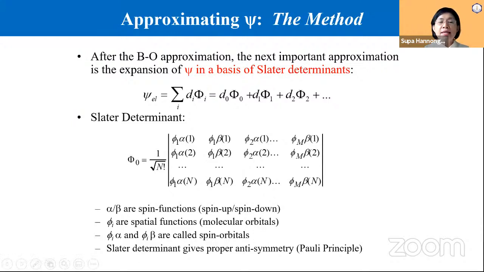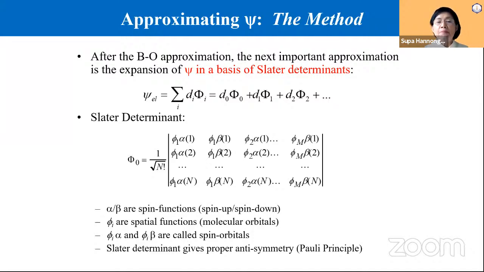So in this way, the Slater determinant is very efficient and can provide the proper anti-symmetry. Okay, anti-symmetry means the electrons follow the Pauli principle. That means two electrons try to escape from each other. But if both have to be in the same orbital, one should be spin up and the other spin down.